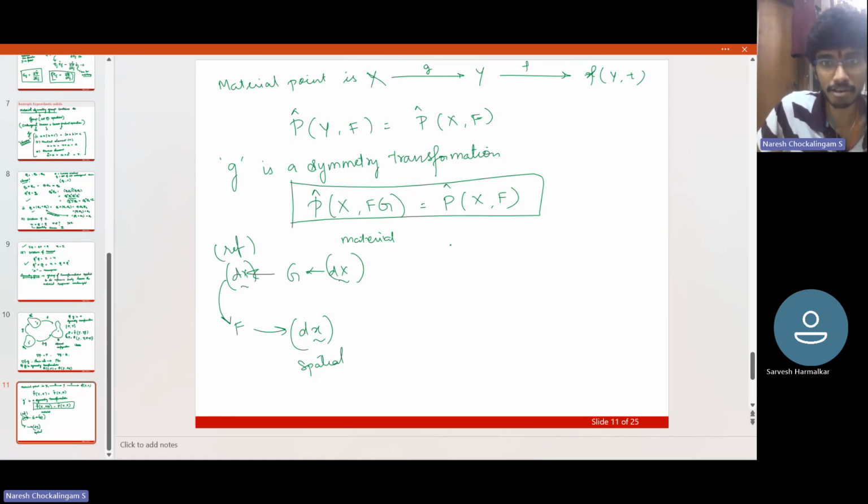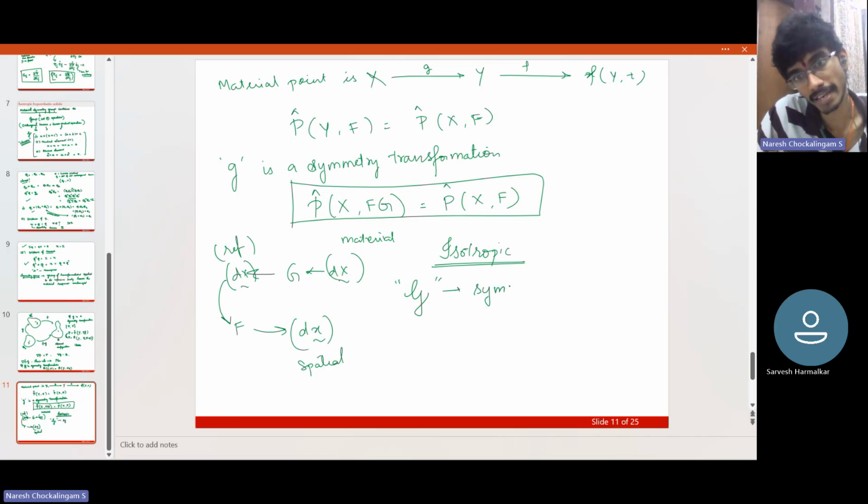So when do we call a material isotropic? Isotropic is when, let us say, G is a symmetry group of the material. By symmetry group, we mean the collection of all transformations which leave the material response unchanged, or the collection of all such small g's which obey this condition: P cap of x comma fg is equal to P cap of x comma f.